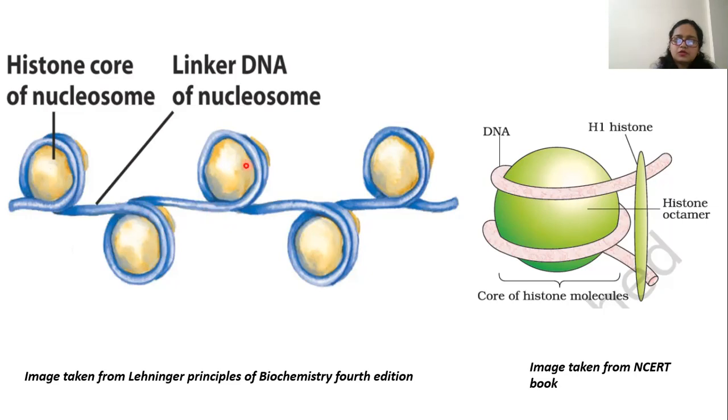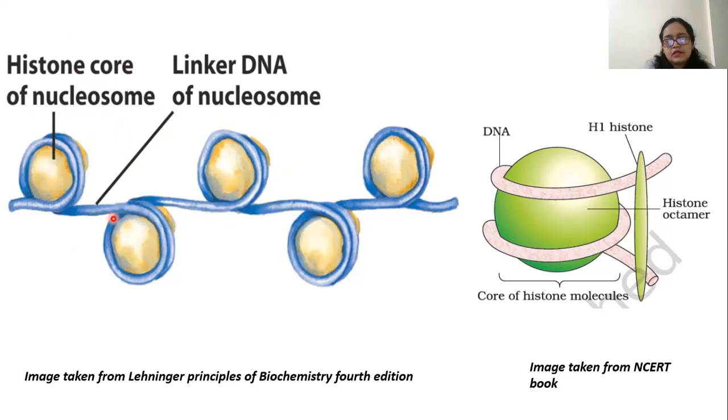So this bead or nucleosome is formed by the histone core, and these histone cores are positively charged basic proteins. And this linker DNA of the nucleosome also consists of one histone particle. So how many types of histones are there?